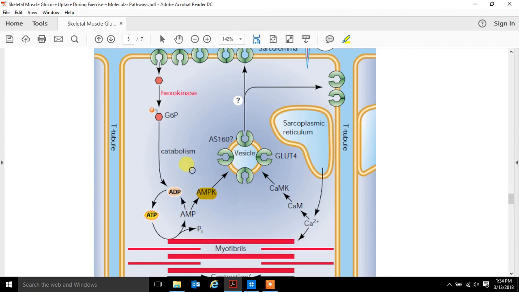Things like PCR, ATP, AMP ratios, so on and so forth, are all going to drive the signaling pathway through AMPK, through our GLUT4 transporter, and then again, improving glucose uptake. So I can't really fill in the gaps here from AMPK to GLUT4 because we just don't know. But we know that there's this calcium signaling pathway and this energy sensing pathway, all resulting in GLUT4 translocation.